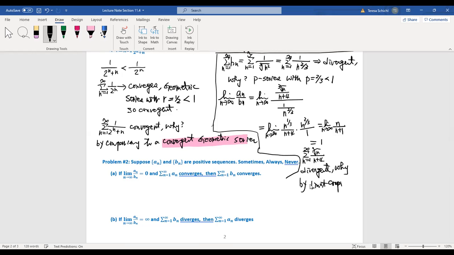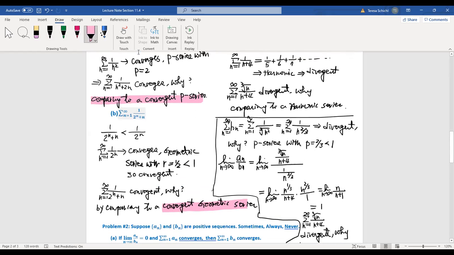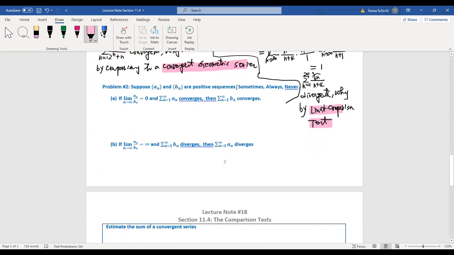So you can have a different way. You can say by the limit comparison test, or you can just like we did here, say by comparing to a harmonic series. There's no definite way which is the right way or wrong way. You have many different ways you can prove it's divergence or convergence here.